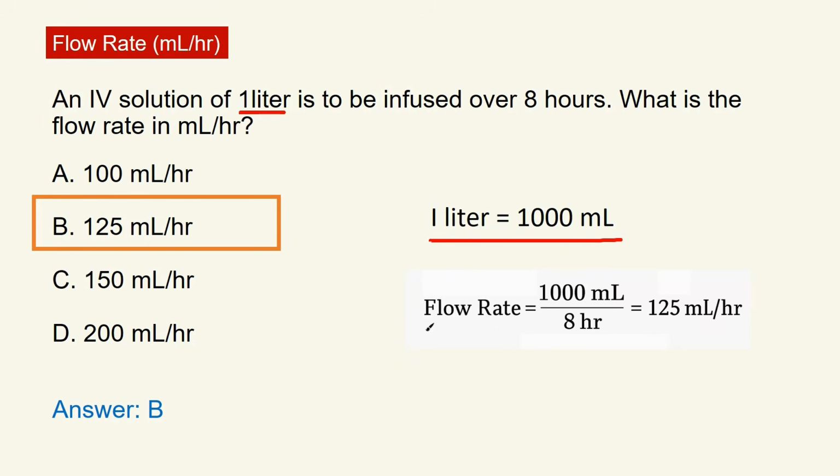So the flow rate formula is volume, that is 1000 milliliters, and the time, that is 8 hours. If you divide 1000 milliliters by 8 hours, it gives you 125 milliliters per hour. Therefore the answer is 125 milliliters per hour.